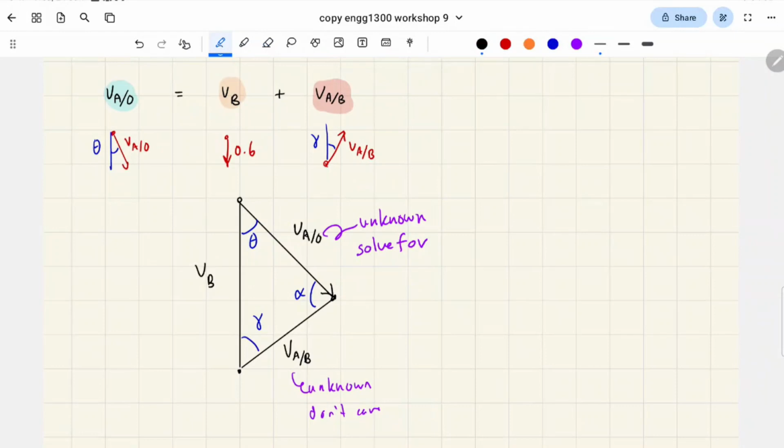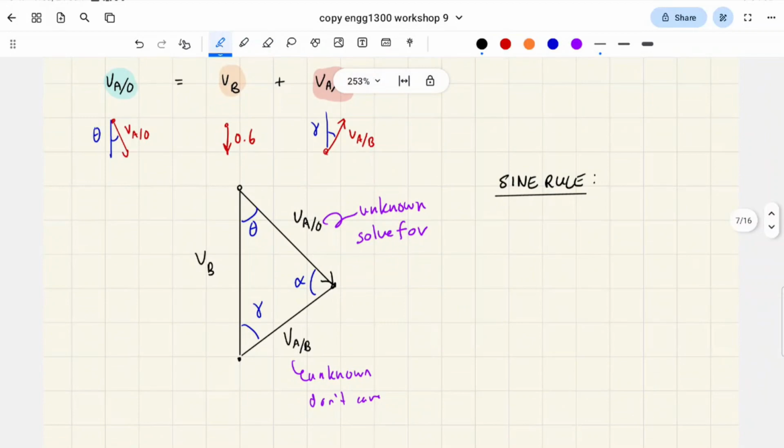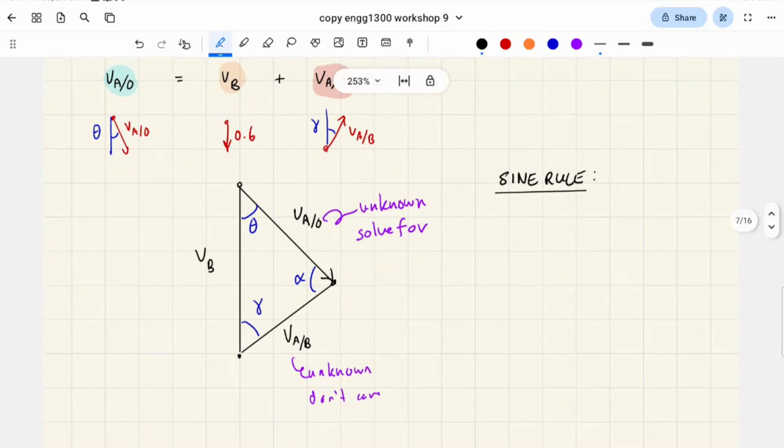So we're going to use the sine rule here to get the magnitudes of these sides. And this is really useful because the other option is to use unit vectors, right? Which we prefer not to do because, I don't know, it turns out to be harder usually, I feel.